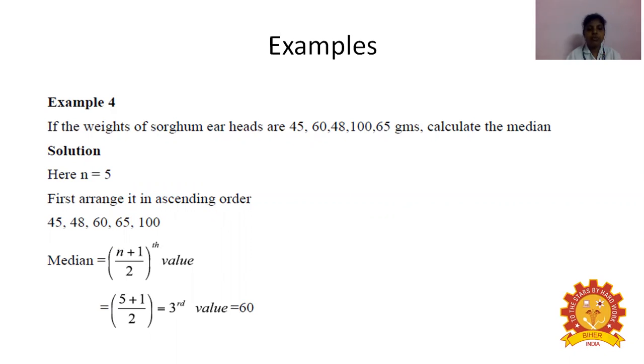Here n equals 5, that is odd case. So 5 plus 1 by 2 value. So 5 plus 1 means 6 divided by 2 is third. Third value of this data is 60. So median equals 60 for this problem.